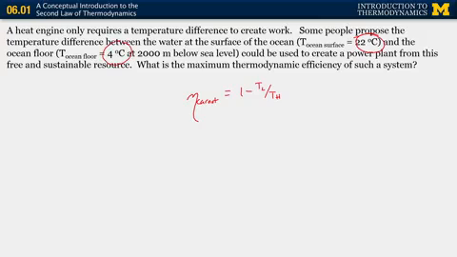Every time you do anything in thermodynamics analysis, you have to use absolute temperatures, so we have to convert those to Kelvin. And so we do that, and we get 277 Kelvin divided by 295 Kelvin. And what we find is that the Carnot efficiency, which is the maximum efficiency we can ever get from this power plant, is 6.1%.